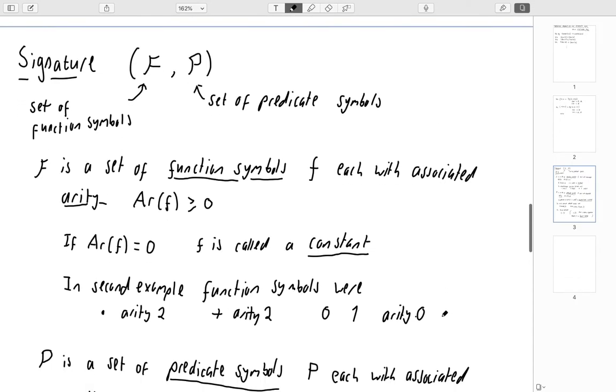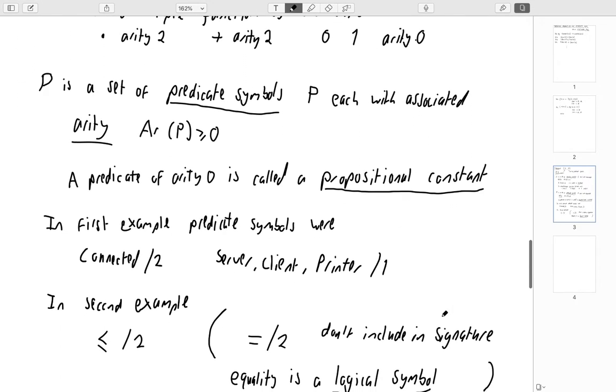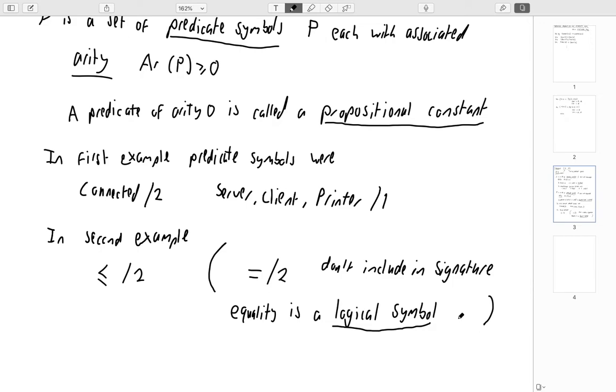then we can build formulas according to some very clear rules for how we build formulas. But in order to build formulas, we first need to build something else, and those are called terms.